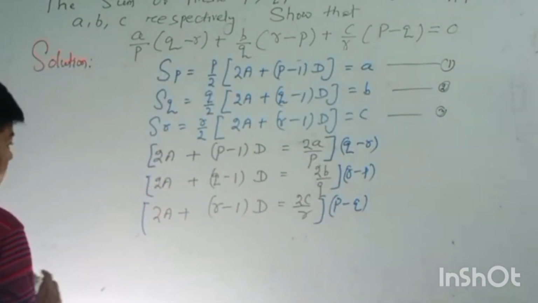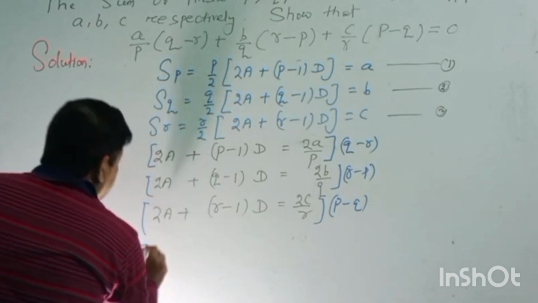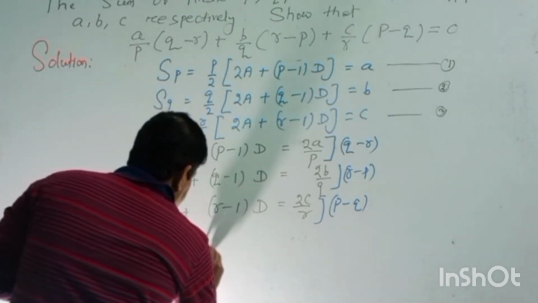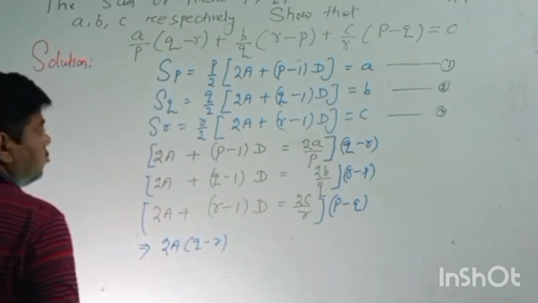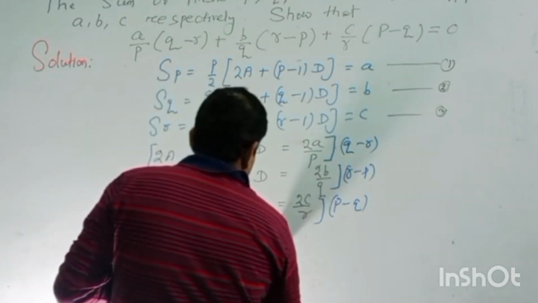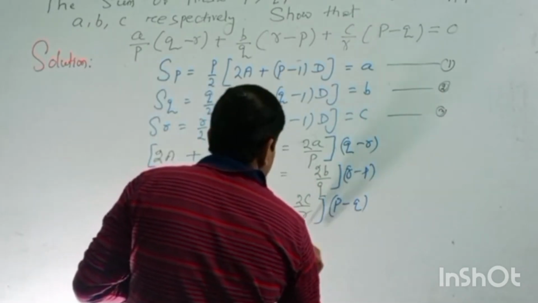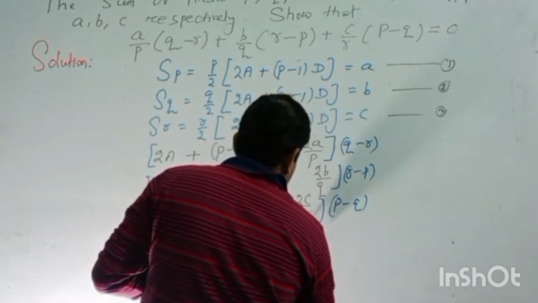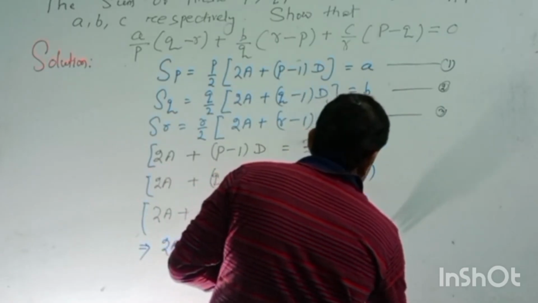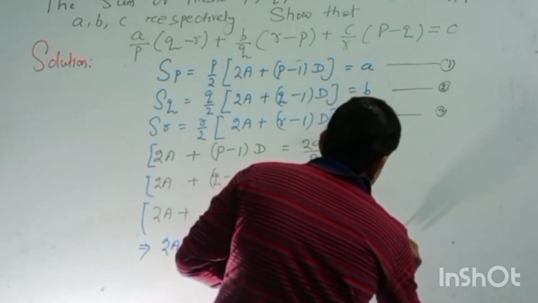Now I write 2a (Q − R) + (P − 1)(Q − R)d = 2A/P (Q − R).